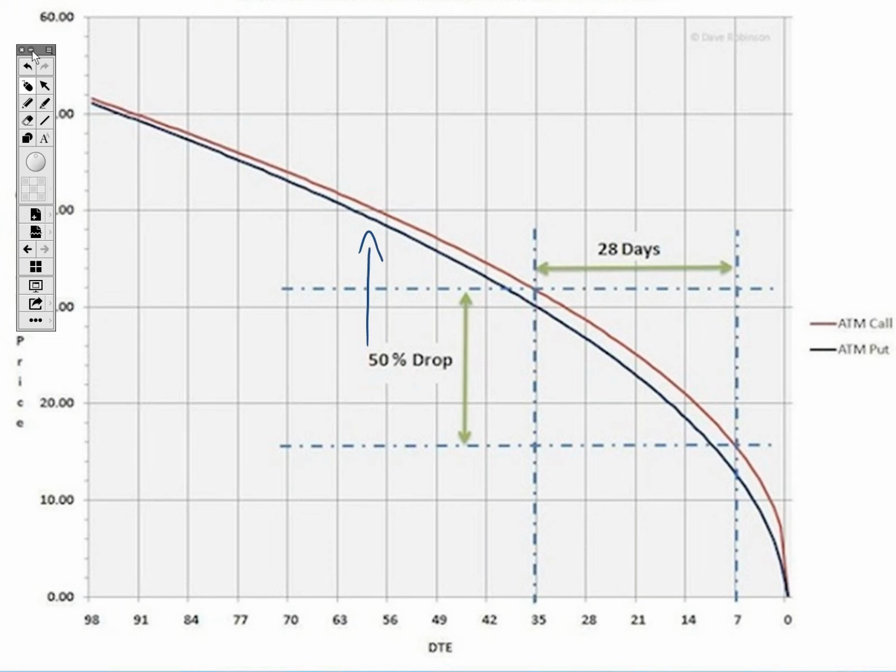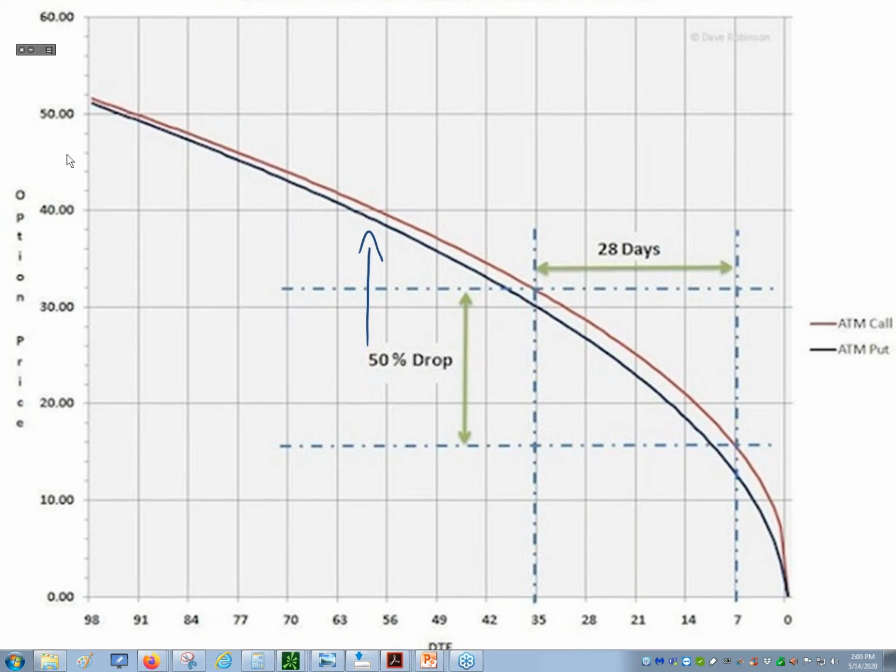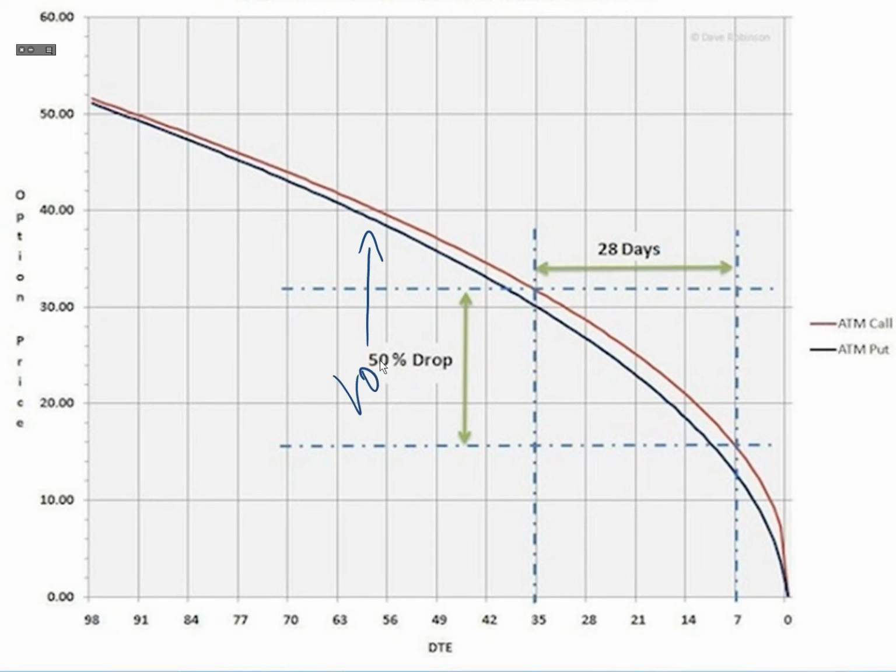This is a representation of what the premiums are doing over here, options pricing. With volatility pumping up on this line, it pushes it out and makes this line flatten out or maybe even increase as those premiums go up.